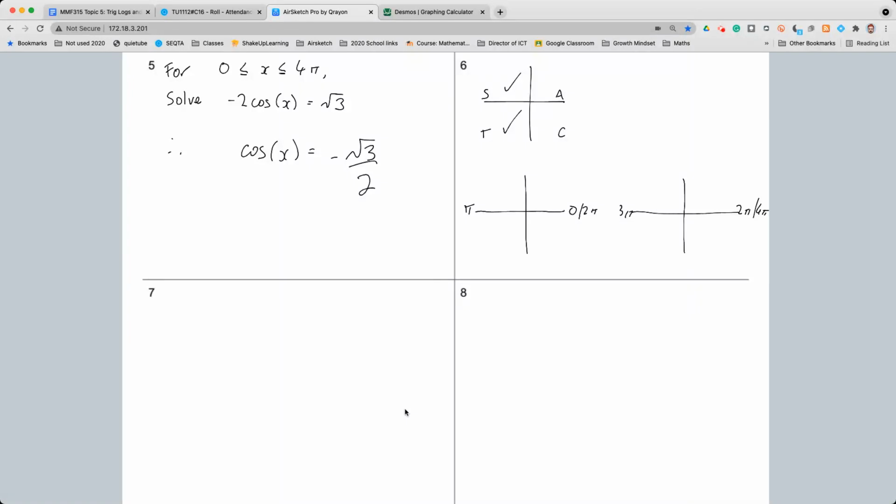So that's cycle 1 and cycle 2. So 0 to 2 pi, 2 pi to 4 pi. Is that okay? So effectively it's going around and around again. I know where it has to stop because I identified this first.